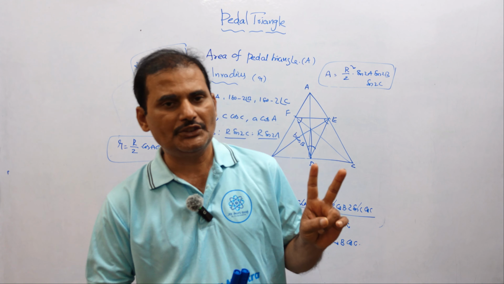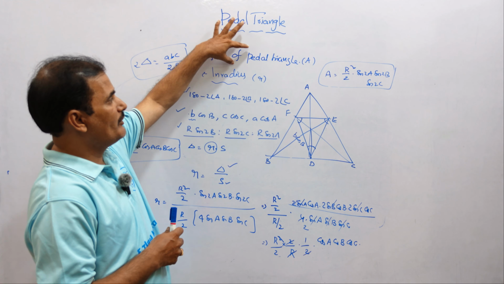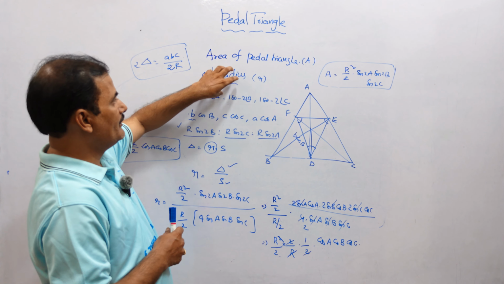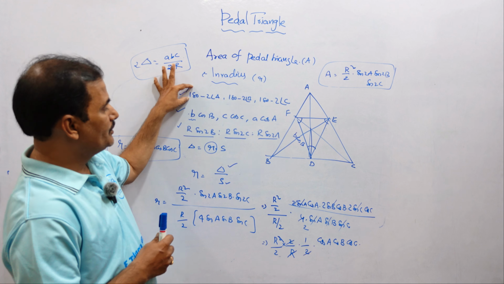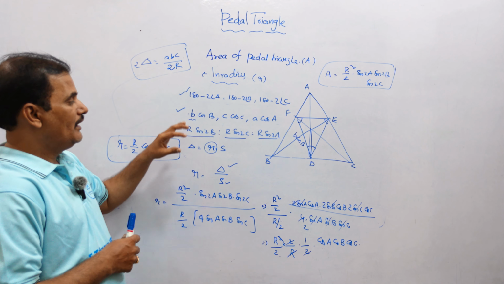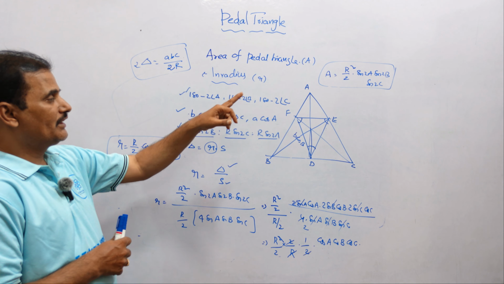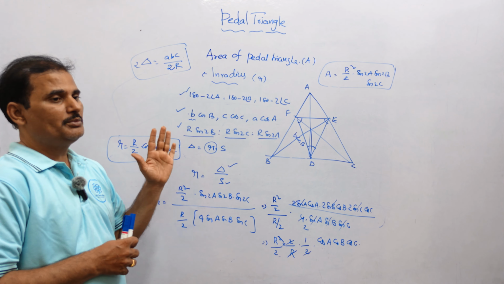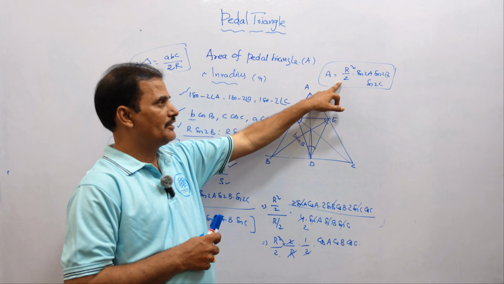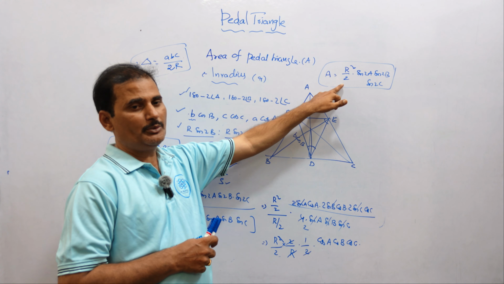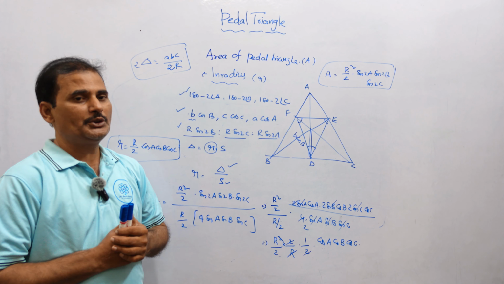Here we obtained two derivations from this pedal triangle. One is the area of the pedal triangle and the second one is the inradius. From this we have to use the angles of the pedal triangle and the sides of the pedal triangle. We get the area by using the half into BC into sin A formula. The area of the pedal triangle in terms of circumradius is R square by 2 into sin 2A, sin 2B, sin 2C.